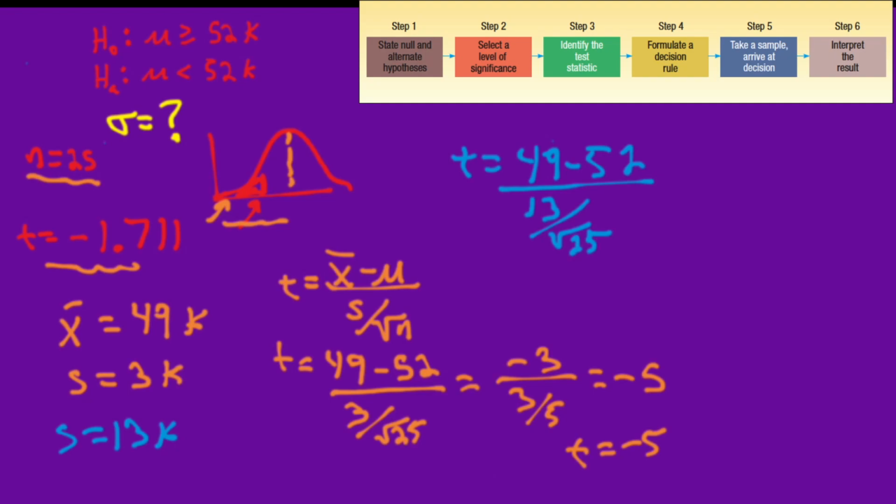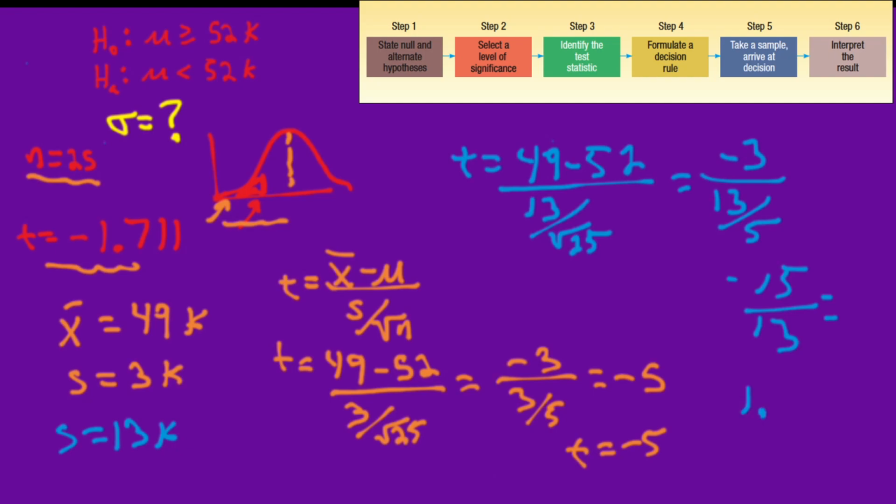So all that's changed is we put a 13 down there. And let's see, that's negative 3 over 13 over 5. And so what is that going to be? 15 over 13. Somebody can double check my math, but that's still negative. And so what is that?